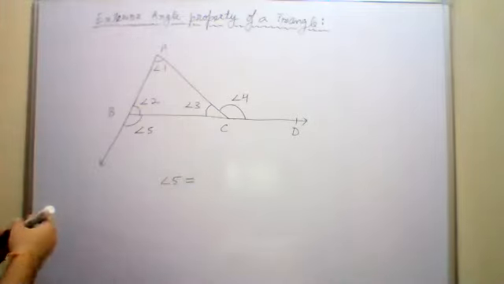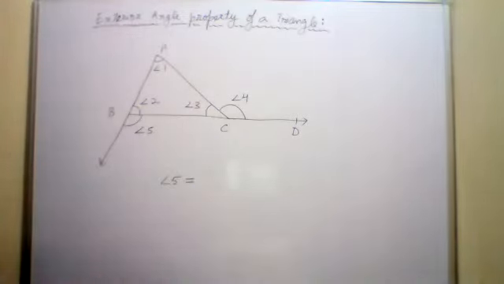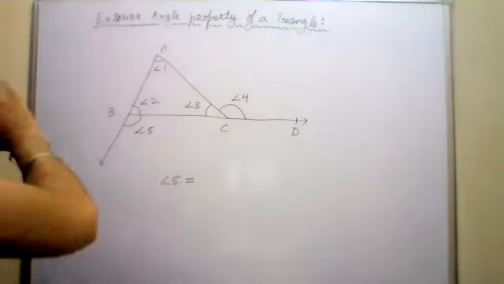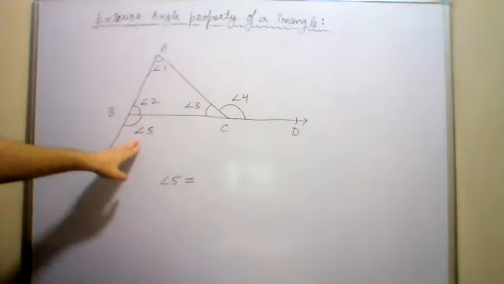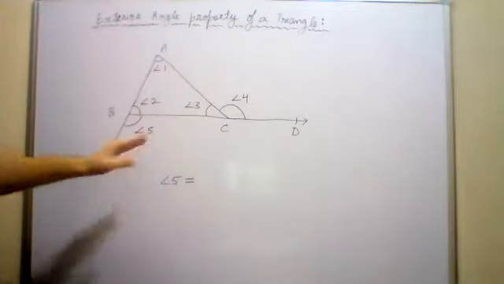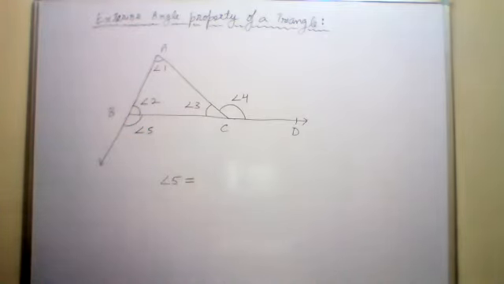You can tell me your answers in the chat box. Angle 5 is equal to the sum of which two angles? This is an exterior angle. It will be equal to the sum of which two angles? Tell me the answer in the chat box.